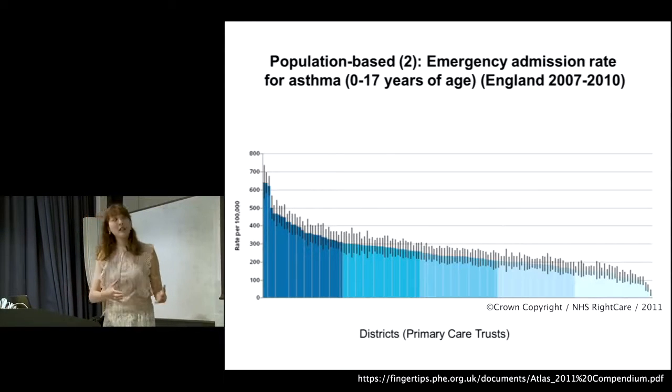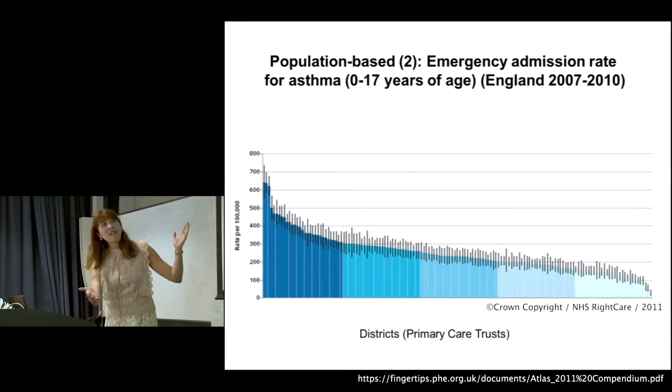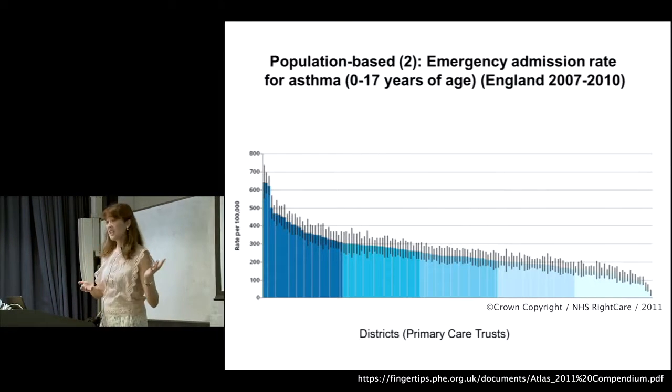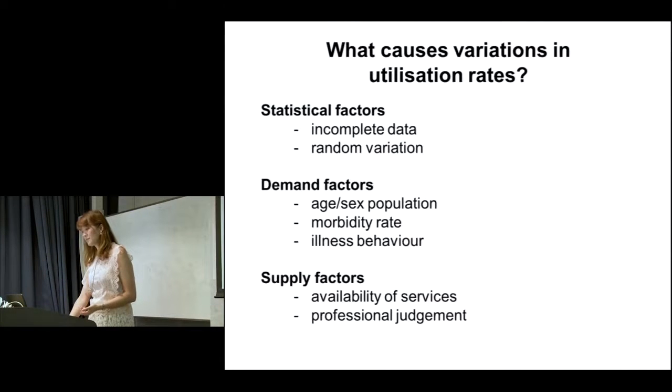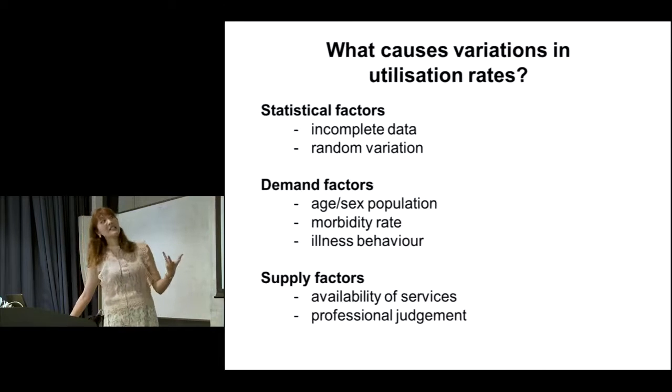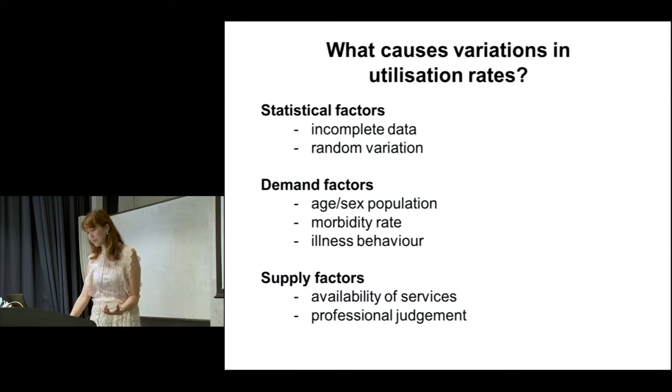But if this is population-based admission rates, are we assuming that much of a difference within one country? Why is that? We might ask ourselves. Okay, so when we're presented with data like that on utilization rates, what can we do?